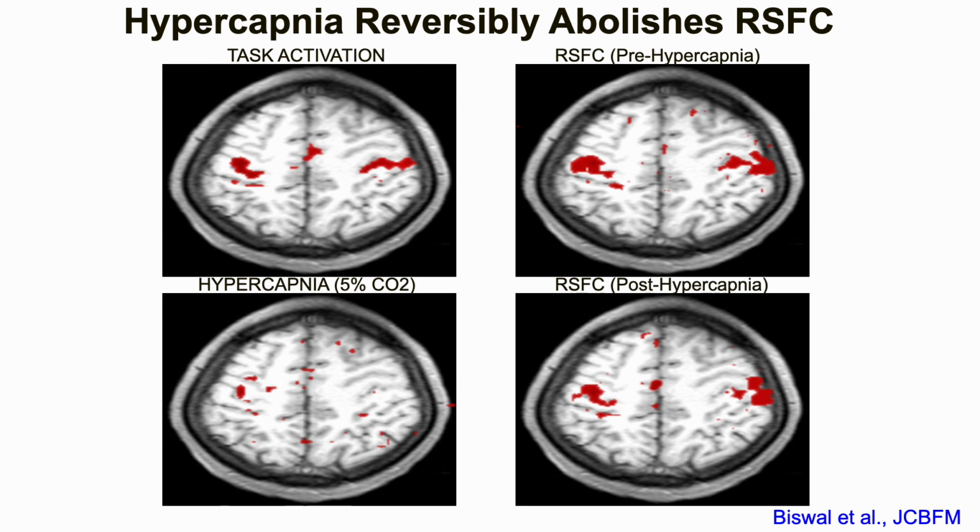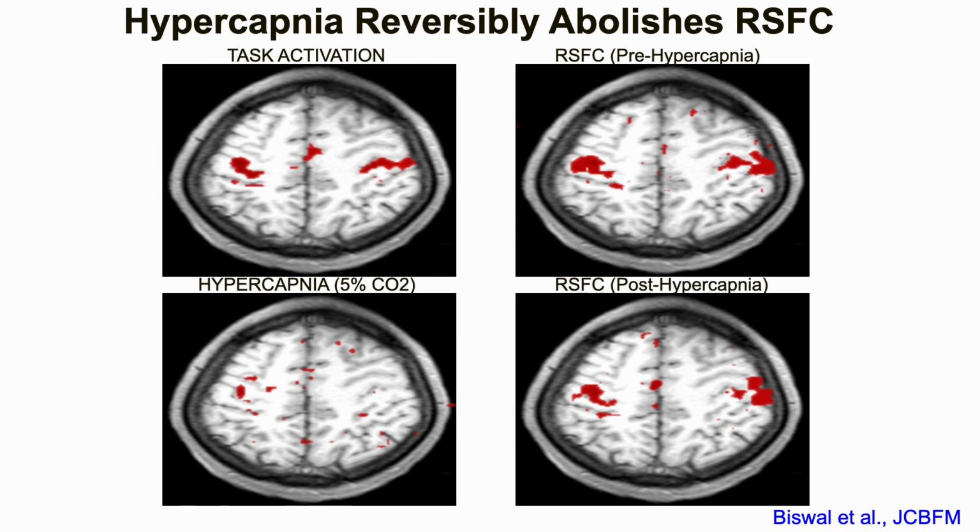Then the subjects were asked to breathe 5% CO2 for several minutes, and because with breathing CO2 there is a significant increase in blood flow, we saw that there was a significant reduction in these connectivity patterns.